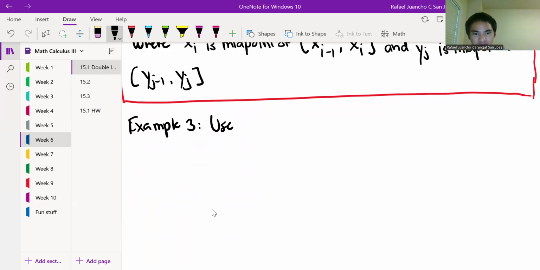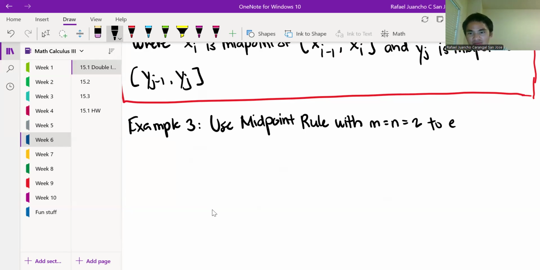Let me just write it out. So now let's apply the midpoint rule. And we're going to use m and n, which are both 2, and we're going to estimate the value of the integral. So it's going to be a double integral.